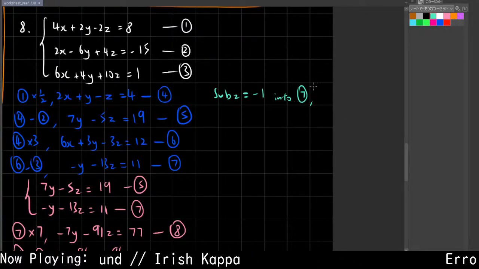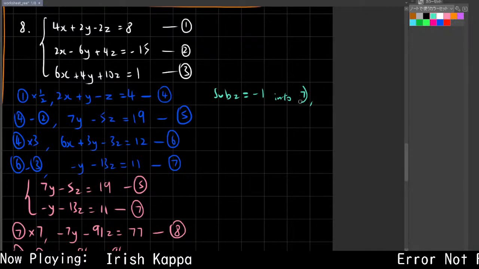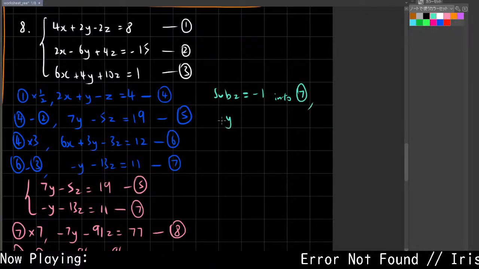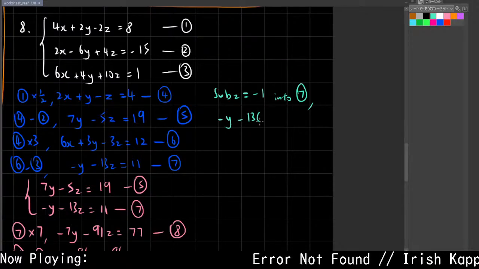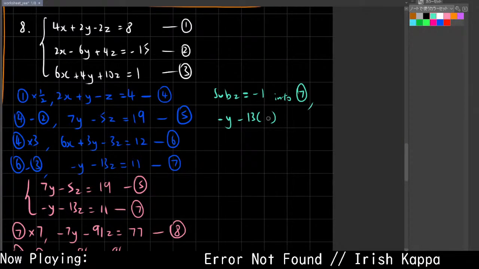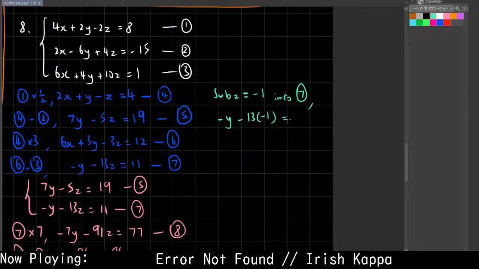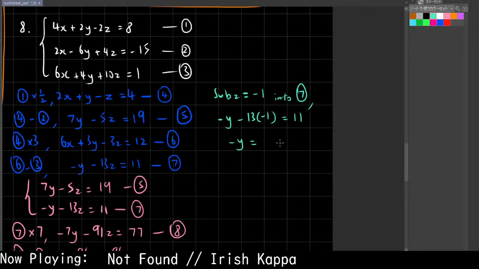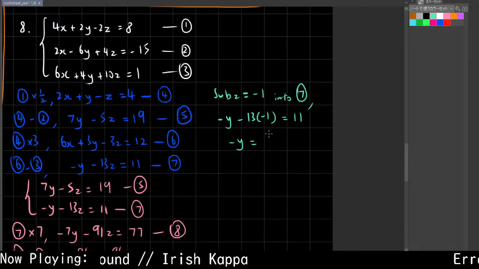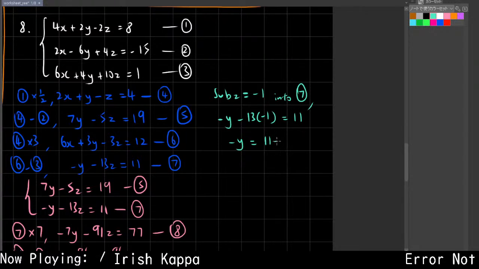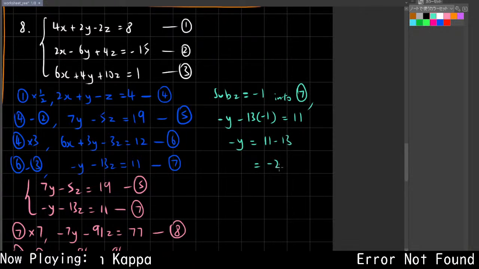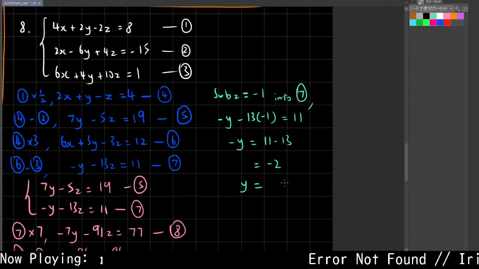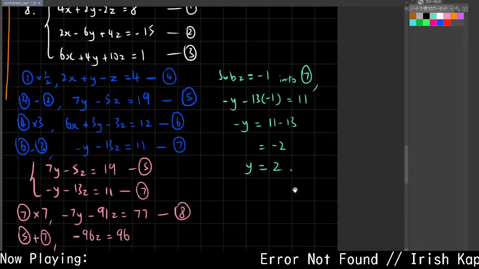Negative y minus 13 bracket -1 is equal to 11. To rearrange, plus become minus, minus become plus. Y equals to 2.